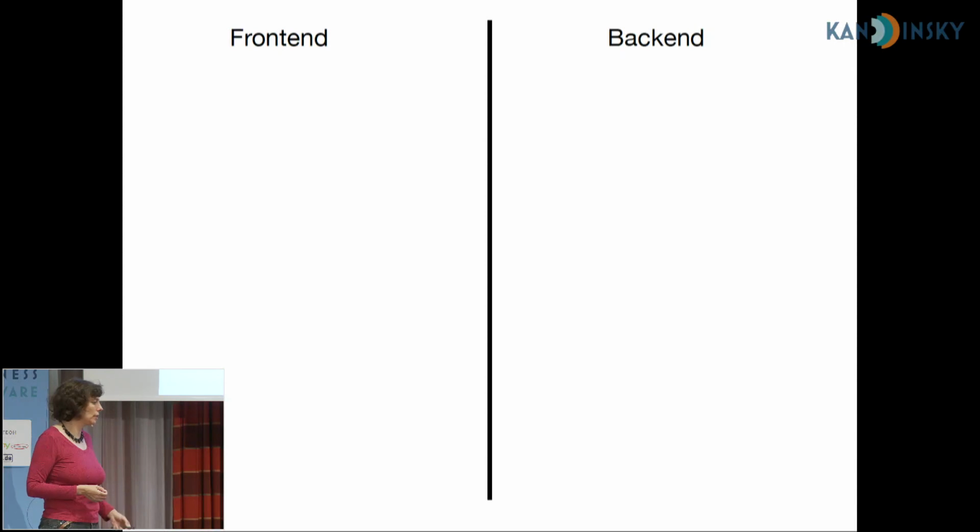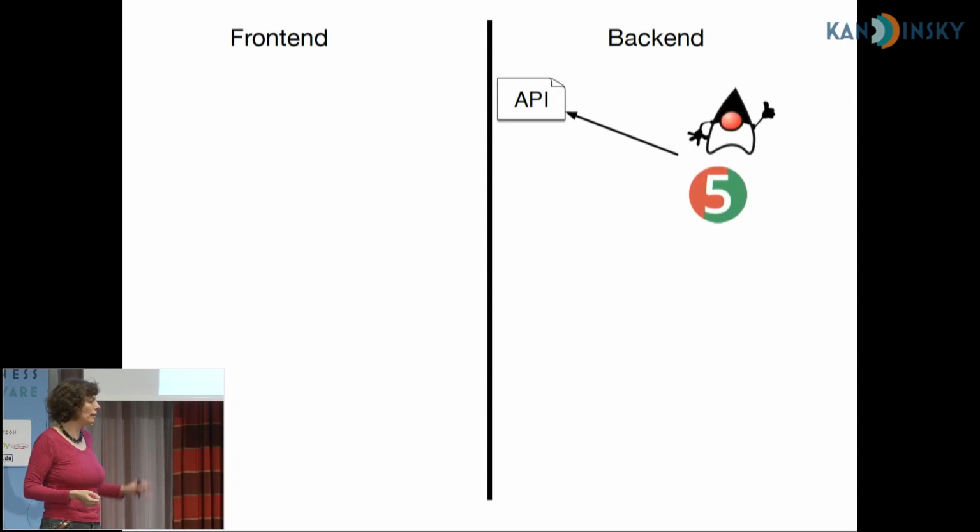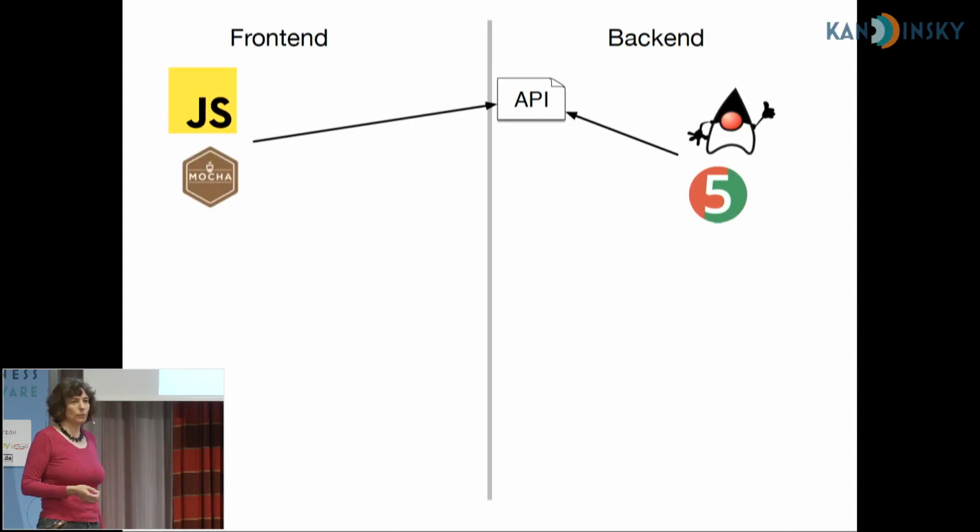So we have this front end and the back end, and the back end says, okay, we'll define an API. Then the back end gets implemented. Here I visualize the back end via Java and JUnit tests, but of course this applies to all sorts of backends. The backend develops against the API, and once it is finished, the front end is developed, symbolized here by JavaScript.